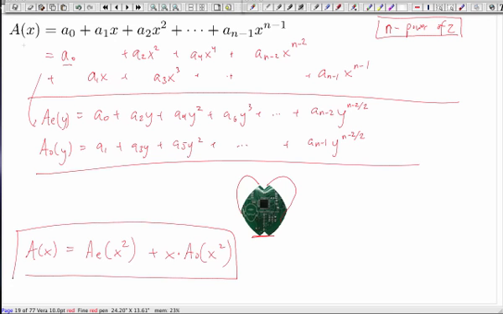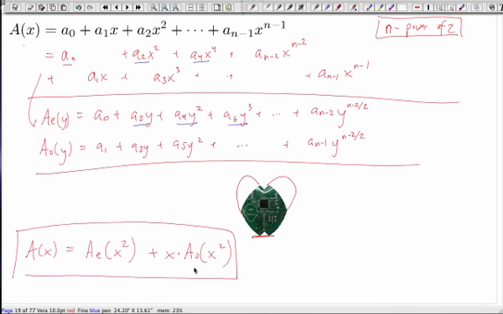Why is A of x equal to that? Well, notice when you evaluate A even of x squared, you basically get a0 plus a2x squared plus a4x to the 4th plus a6x to the 6th, etc. The last term is going to be a sub n minus 2 times x to the n minus 2.